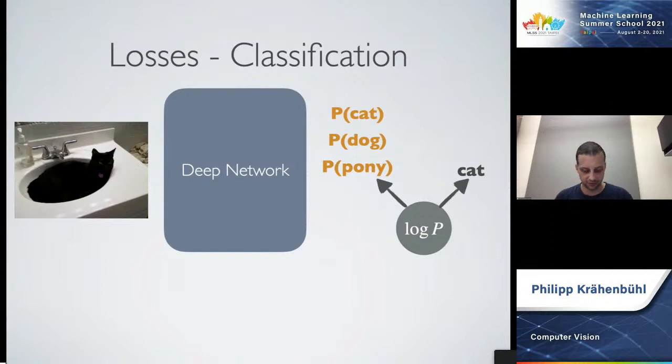And so the very first thing we need to do is figure out what the network should output. Oftentimes for classification, you want to output the probability of this image being a cat, the probability of it being a pony or a dog or whatsoever. Actually, you want to output the log probability. And then the loss function should just be maximizing the log probability of the ground truth class.